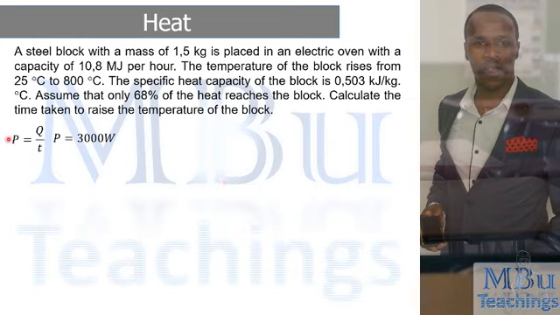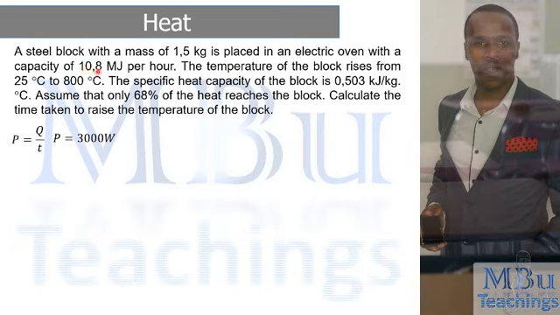What do we have? We have P. Remember, I told you here that this is actually the power. So you'll write 10,8 megajoules. Mega is 10 to the 6. Sorry, let me say that again.